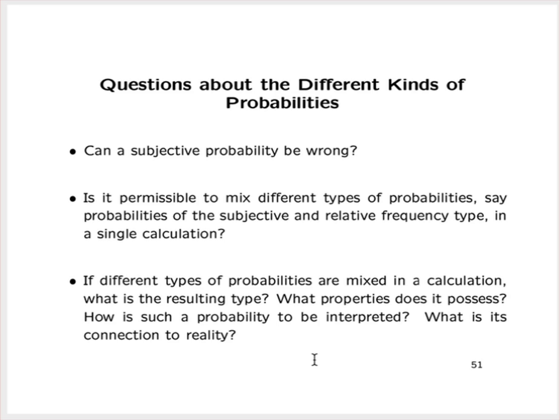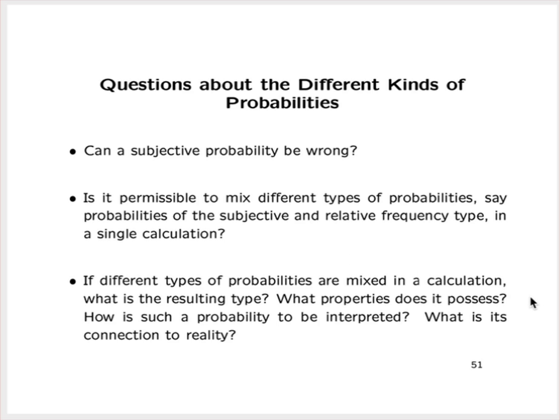Is it a classical probability? Is it a relative frequency probability? Is it a subjective probability? There are only three types of probabilities. So if it's legitimate to combine probabilities of different types in a single calculation, coming up with another probability, then the resulting probability has to be one of those three types. So what type would it be?